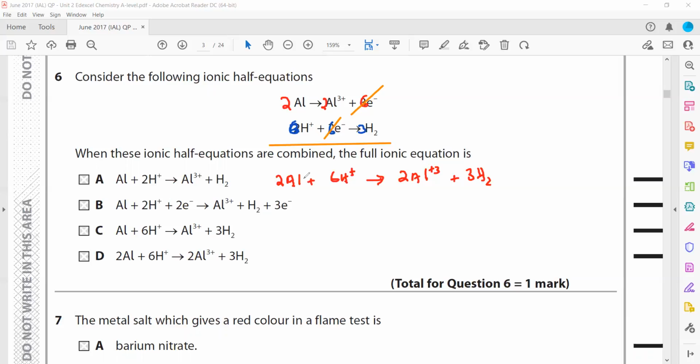So we are left with 2Al, 6 protons, 2 Al3+ ions, and 3 hydrogen molecules. That's why D is the right answer. Whenever you want to write a combined equation from two half equations, make the number of electrons the same and add the two equations.